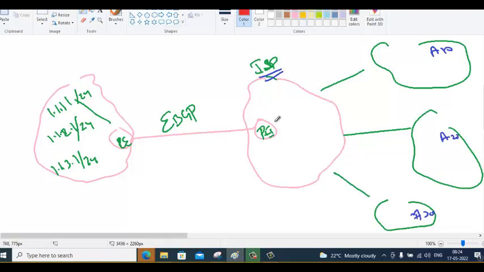Service provider can provide you MPLS, so it is a mesh network inside the service provider network. So ISP may provide you an MPLS connection. He may provide you an IPsec connection.